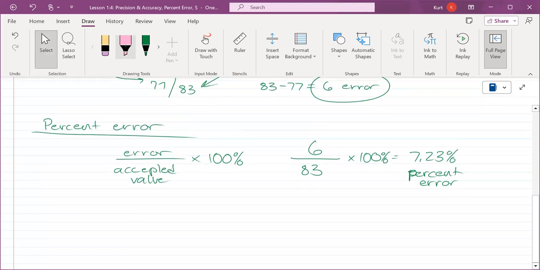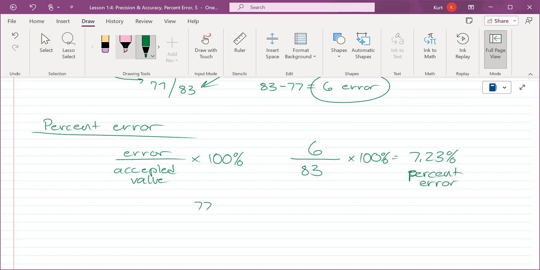And just in case you guys did not know this, there might be a couple of you. If you are ever taking a test, homework, like online homework, whatever, you want to know what percent you got, I don't have to teach this today, but this is just a life lesson. Percent accuracy would be 77 over 83 times 100. So let's say that Alex got a 77 out of 83.